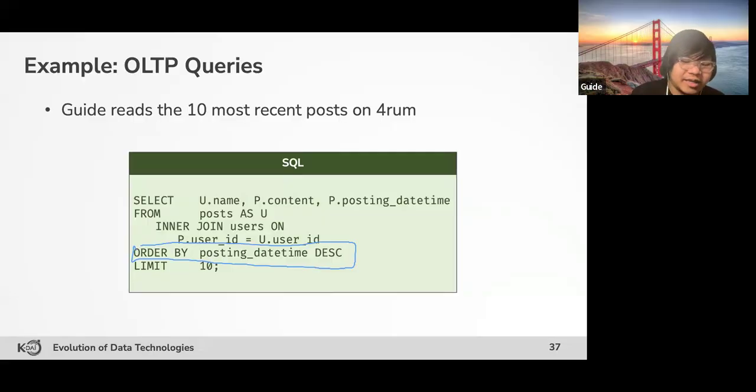They provide you with indexes that allow you to access this top 10 without the need to access all the data. Examples of these indexes are B plus trees, something like that. So they use these data structures to make sure that we don't need to access all the data for this kind of query.